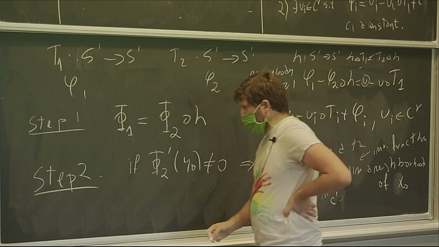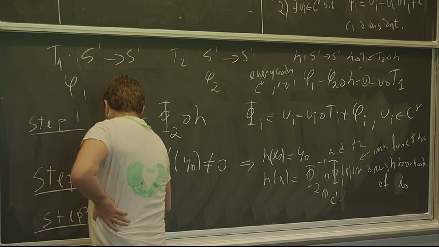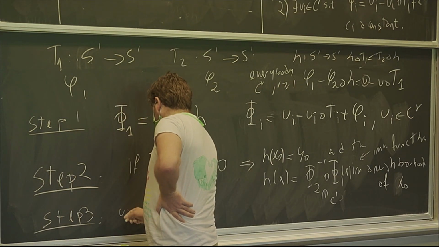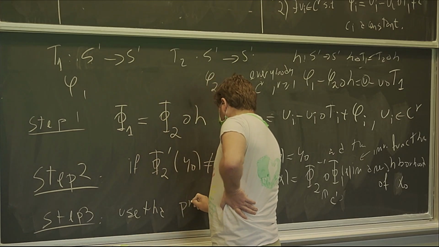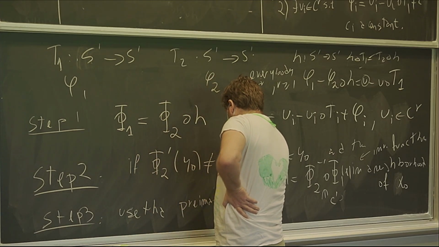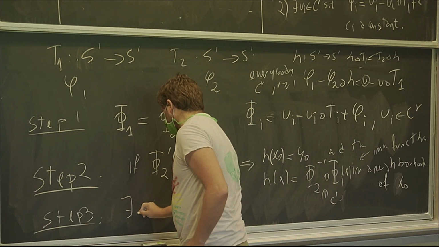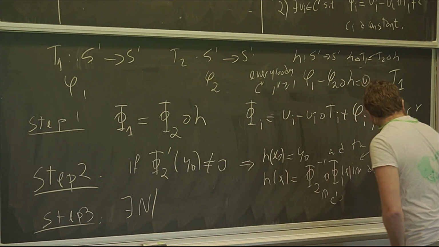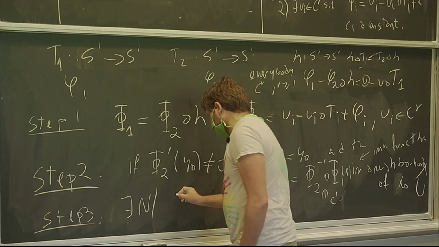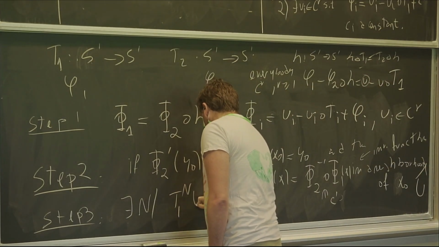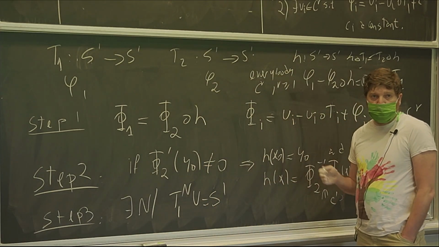And then step 3 is to use that pre-images. So let me just put it this way. There exists an n, a neighborhood U of x0, so there is one iterate of U that gives you the whole circle.